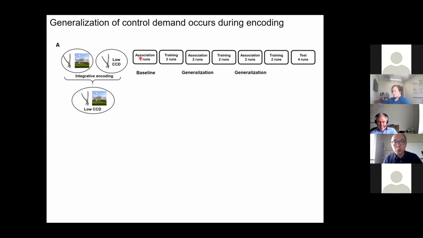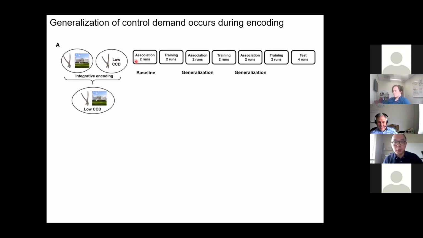The associations are those two landmark association learning rounds. As you can see, we interleaved the association rounds of the ABs and ACs. That gives us the chance to use the first two rounds as baseline, because in the first two rounds, the participants hadn't had experience with the cognitive control demand. So they only have the ABs.